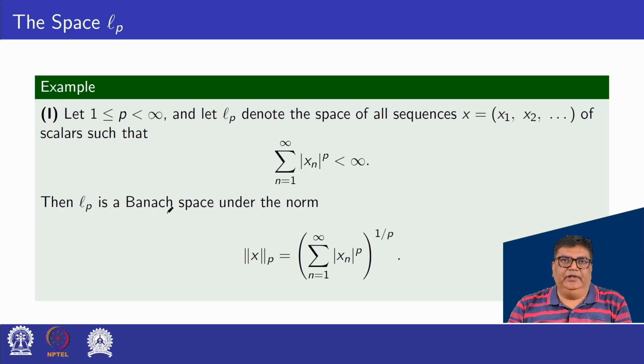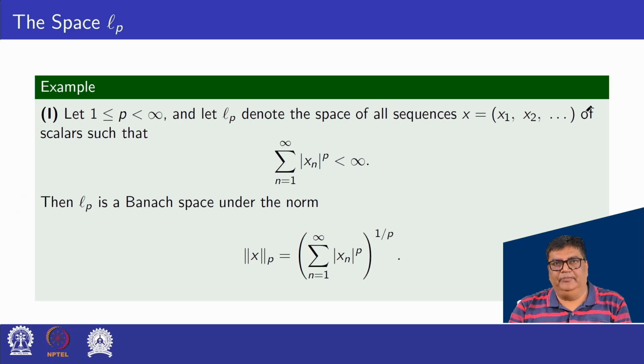Then LP is a Banach space under the norm, norm x p, defined as summation n equal to 1 to infinity mod xn power p whole power 1 by p. In the previous lecture, we discussed the spaces LPn and L infinity n. Here, a vector x was an n-tuple x1, x2 and so on up to xn.